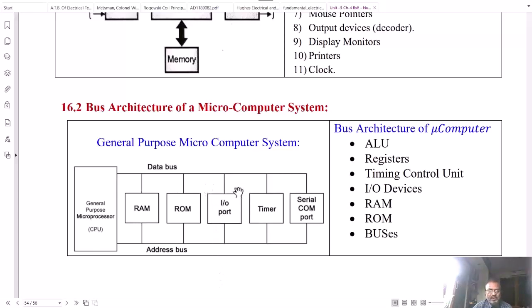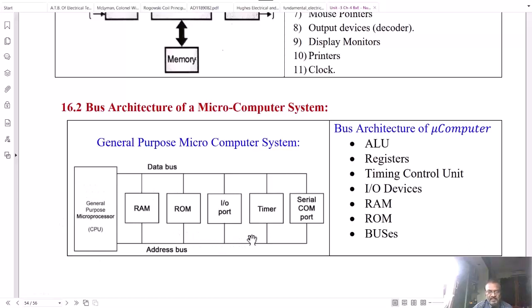Again, we have discussed that to provide the external inputs to the central processing unit or computer system, we need to connect external devices to these systems like keyboards, mouse, or digital tapes, or even any other sensors. For that purpose, you need a port called an IO port, input and output port. Input ports are basically the ports via which you can connect the external input devices to the microprocessor or central processing unit.